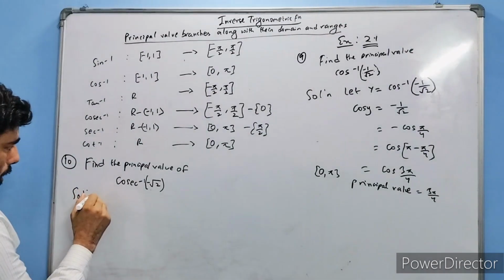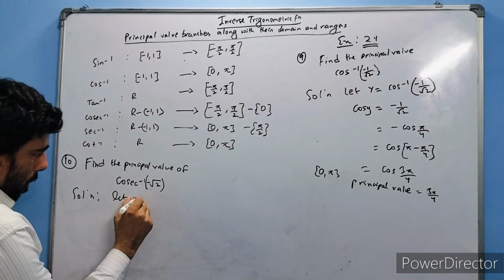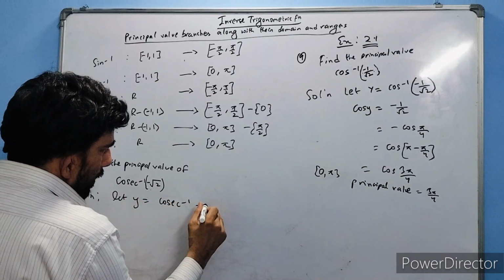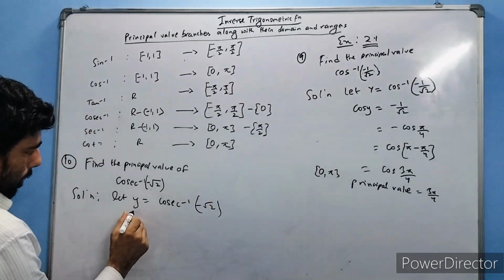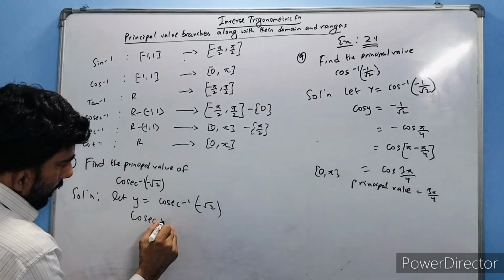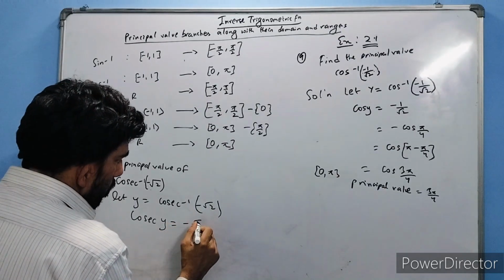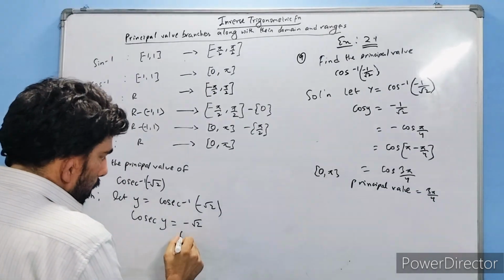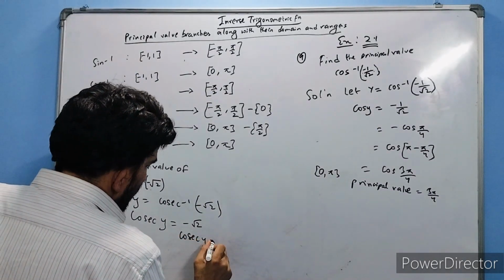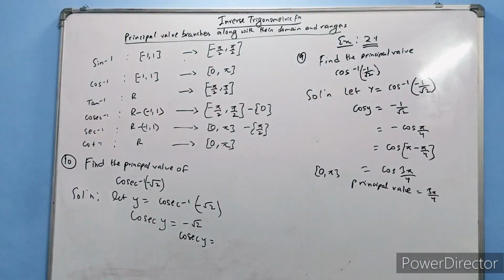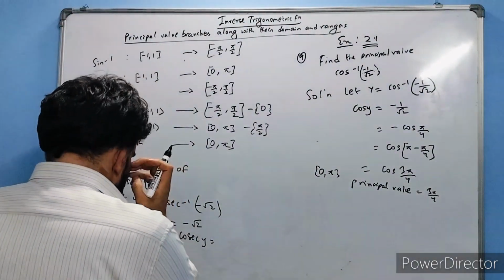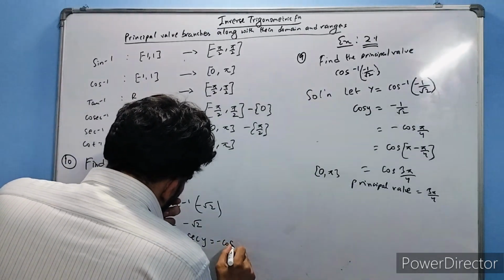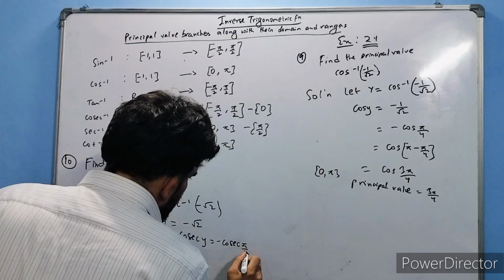How can we solve? Let y is equal to cosec inverse minus root 2. What we can do? Cosec y is equal to minus root 2. So we know it will be minus cosec pi upon 4.